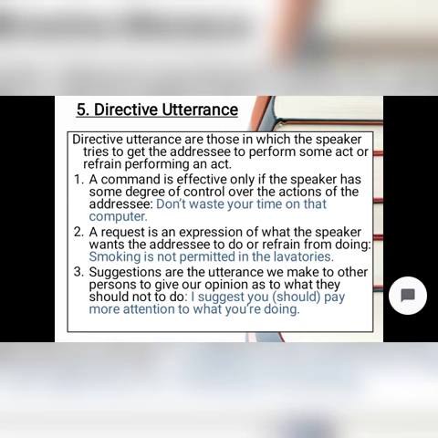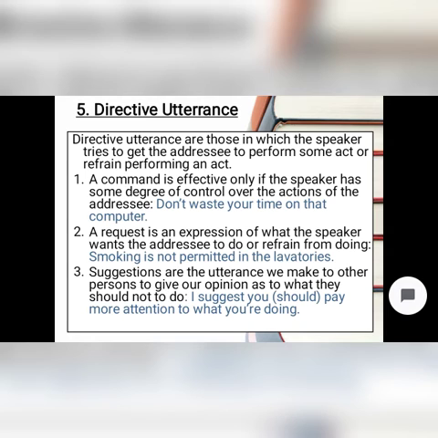They are commands, requests, and suggestions. First, a command. A command is effective only if the speaker has some degree of control over the action of the addressee. So, for example, don't waste your time on that computer.